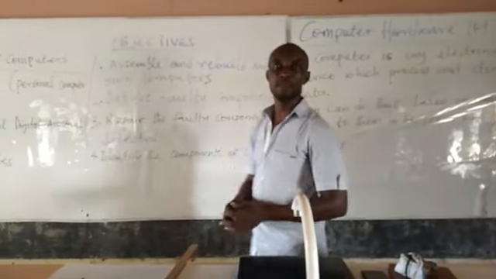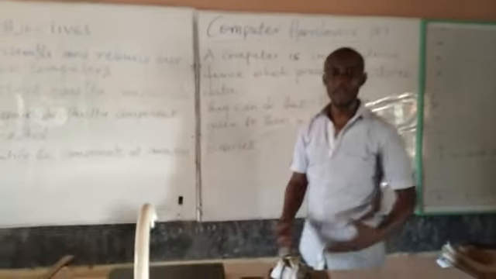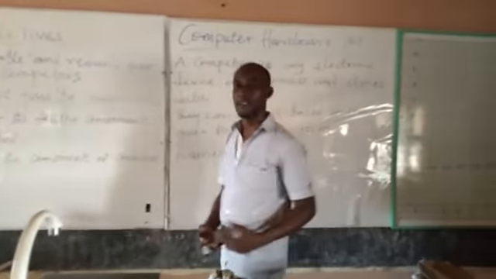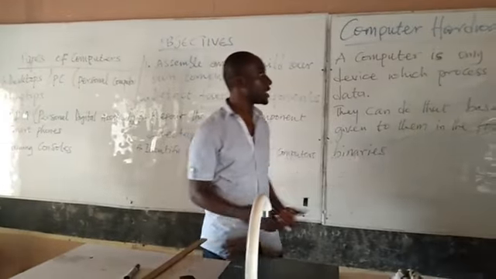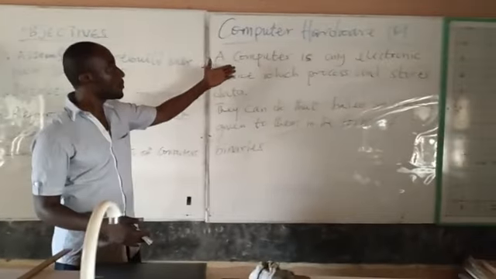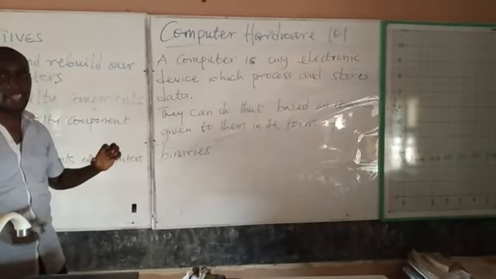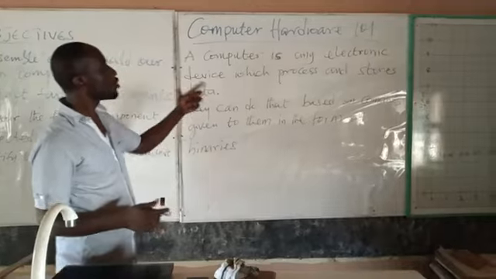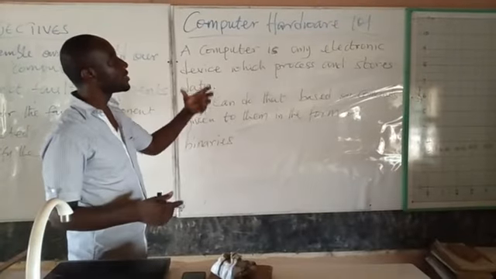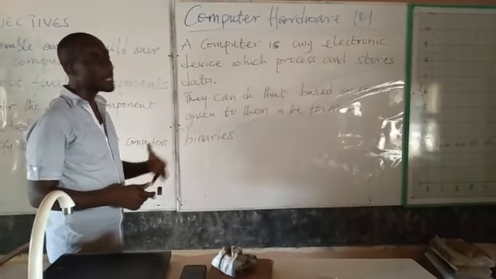Good. Let's move on. We've been saying computer. What is a computer? For definition, we say a computer is any electronic device which processes and stores data.